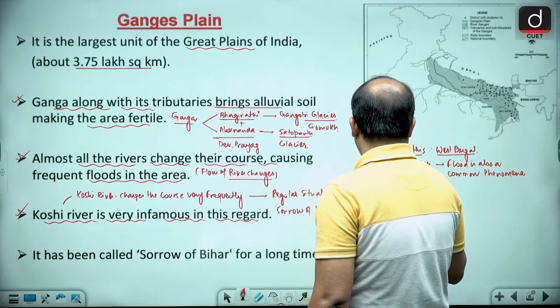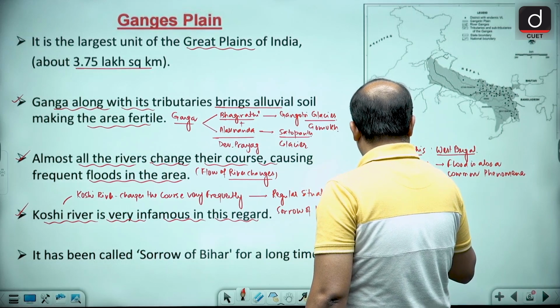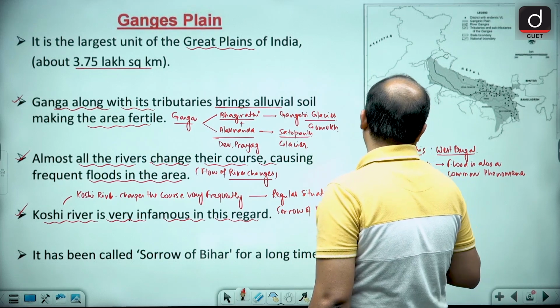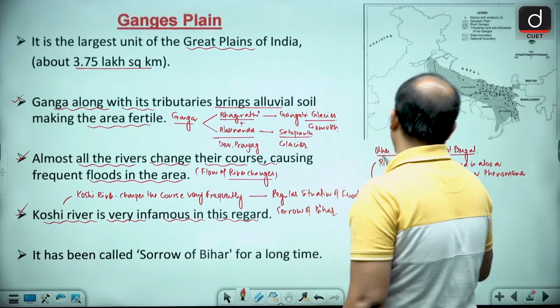Therefore, river Damodar is called Sorrow of Bengal. So river Damodar is also known as Sorrow of Bengal.